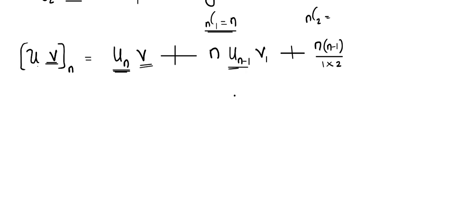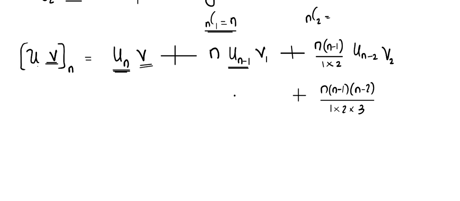Okay, now what you do is you reduce n into n minus 2 and then differentiate the second function again. And again it will be n into n minus 1 into n minus 2 by 1 into 2 into 3 u n minus 3 v3, and it keeps on going like this. Okay, now let's try it out.